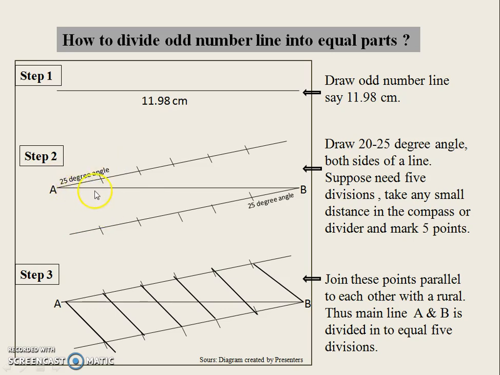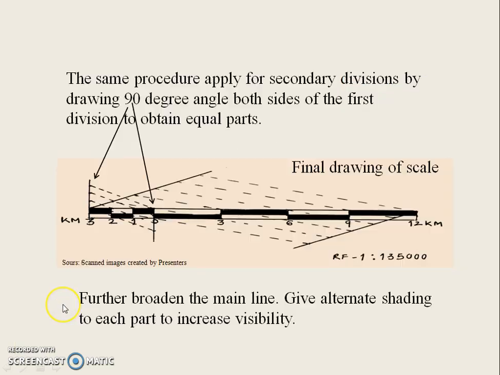Now, take any small distance in your compass or divider and mark required number of divisions, say 5, on both the lines. Then join these parts parallel to each other as shown in step 3. Thus, main line AB, which happens to be odd, has been divided into 5 equal divisions at intersections.